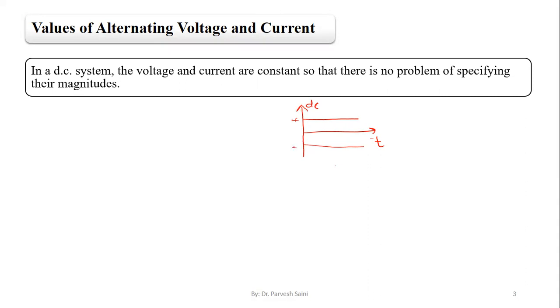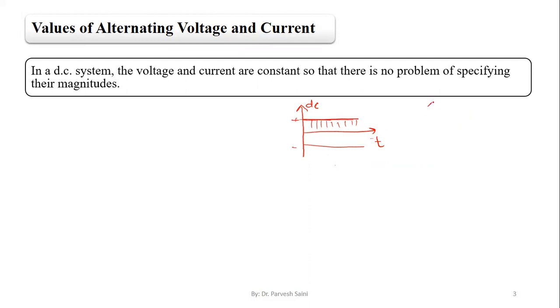So it is quite easy to determine its value here. If you want to find out the average value over the time period t, you can easily determine its value. And because it is not varying with time, at times we do not even feel the need to specify the magnitude, because it is already known to us, right?